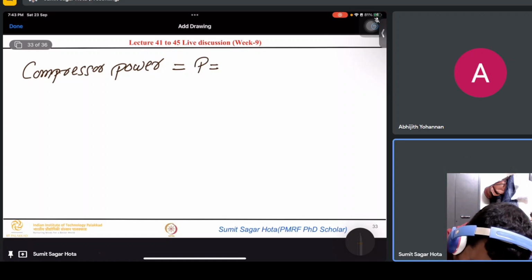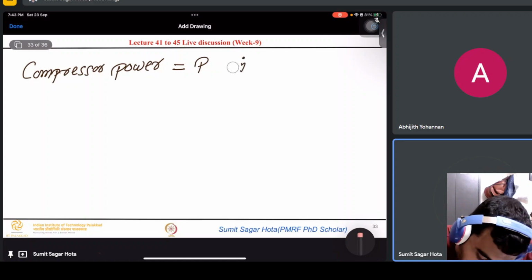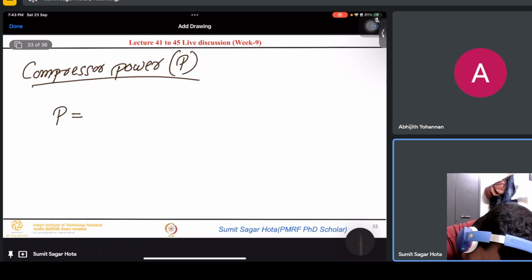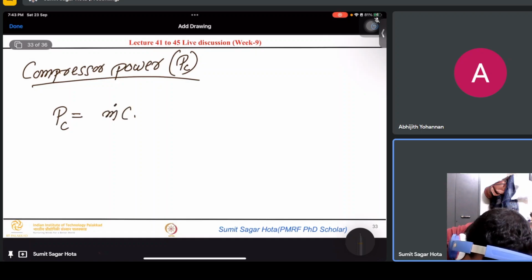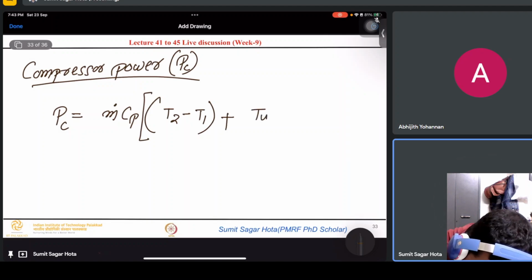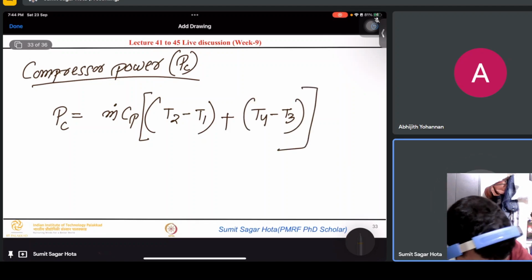So Pc equals m cp (T2 minus T1) plus (T4 minus T3). Here you see all the temperatures, 1, 2, 3, 4, are required. If you don't know all the temperatures, we cannot find the compressor power.